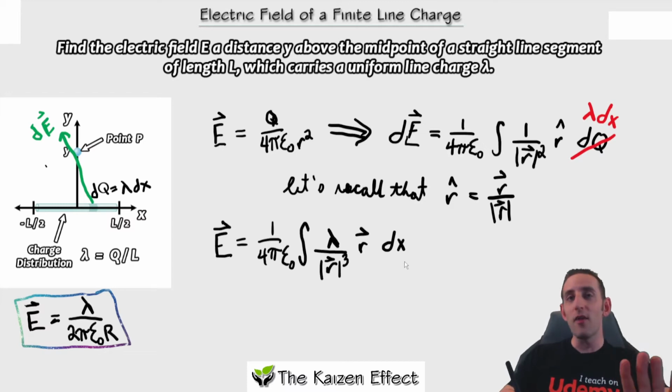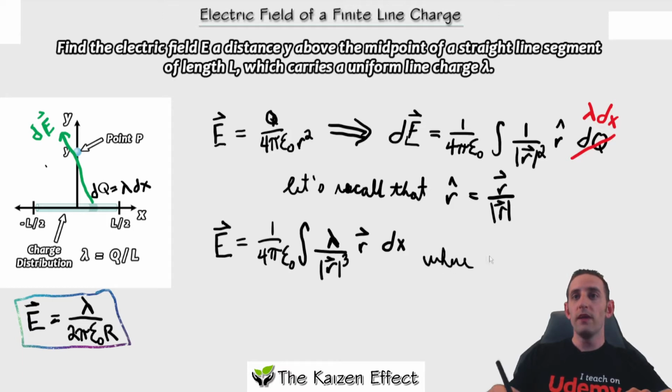And compared to Gauss's law, when the electric field is constant, you look at this and you're like, whoa, that is very complex. How the hell am I going to solve this? Well, usually what happens is this r component gives you an x, a y, and a z component if you're in 3 dimensions. We're in 2 dimensions here. So you have to break this down into multiple components that you're going to solve, okay?